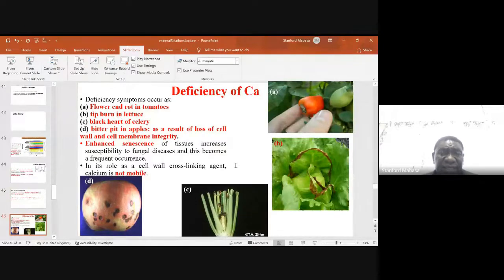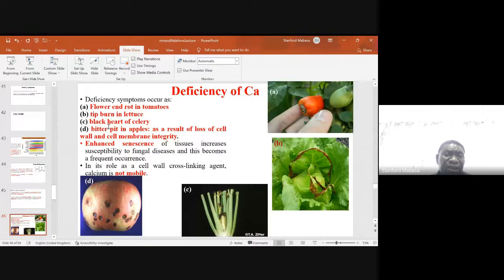These are some of the deficiency symptoms if our soils lack calcium. There's what is called blossom end rot in tomatoes. It may look like a disease caused by fungus, but this could be calcium. It can cause tip burn in lettuce.